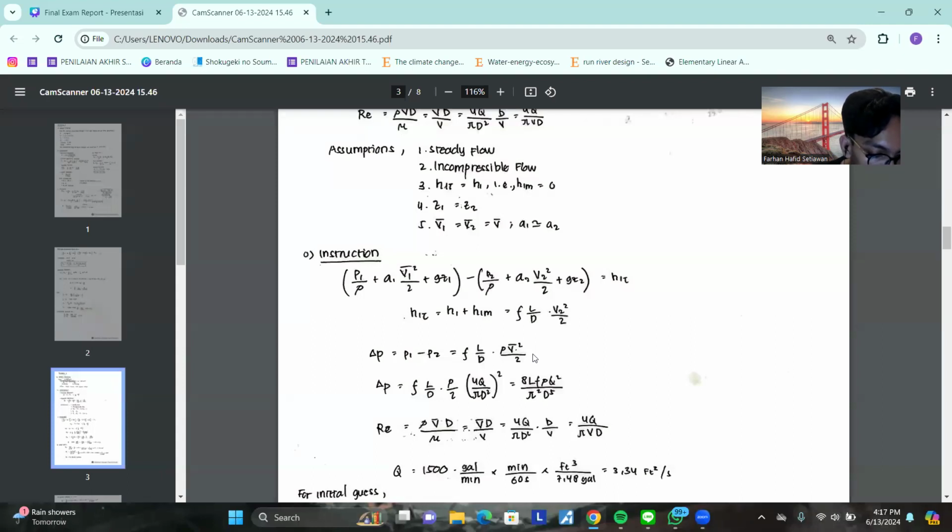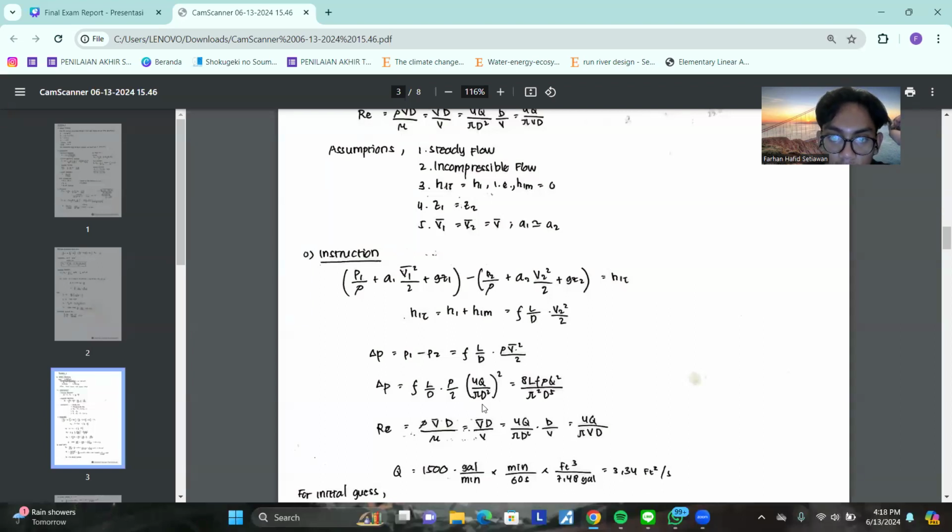First, we express delta P and the Reynolds number in terms of Q instead of V. So first, we define delta P. Delta P is simply f times L per D times rho per 2 times 4Q per pi times D quadrat.